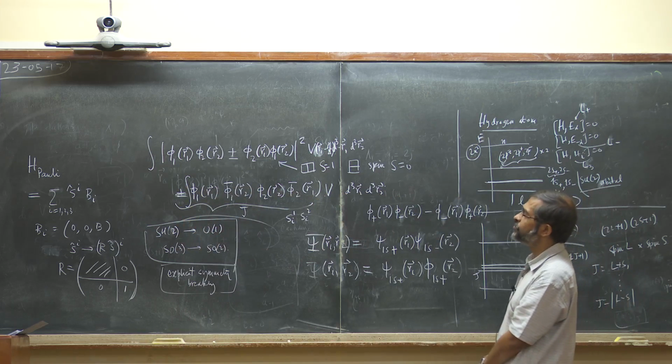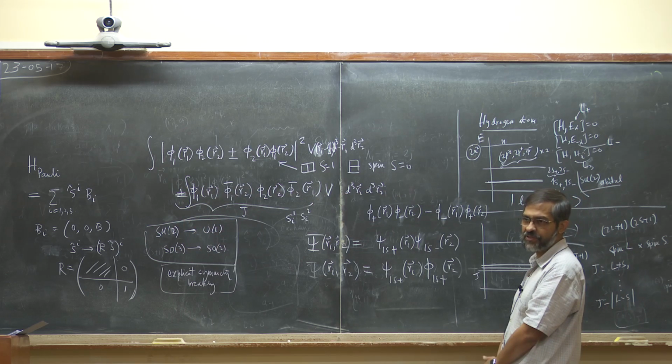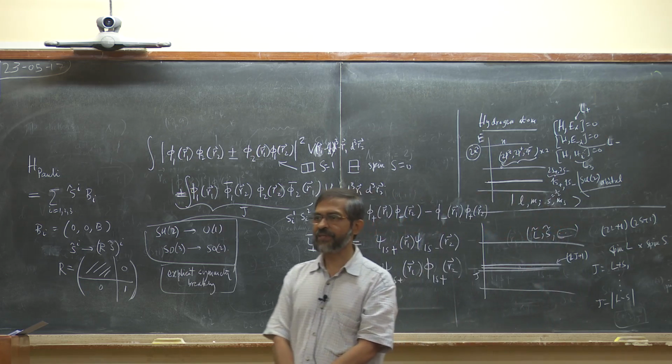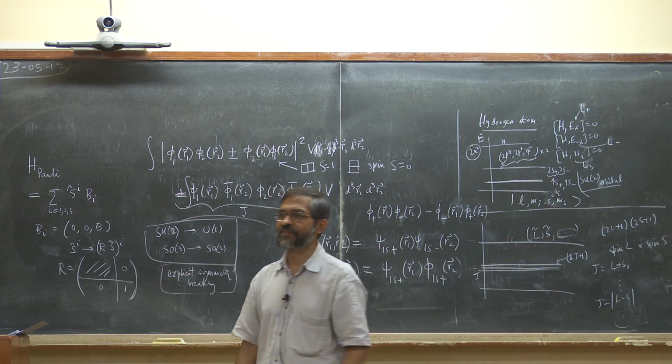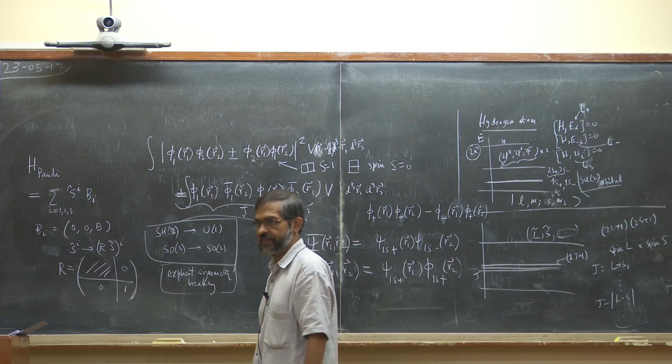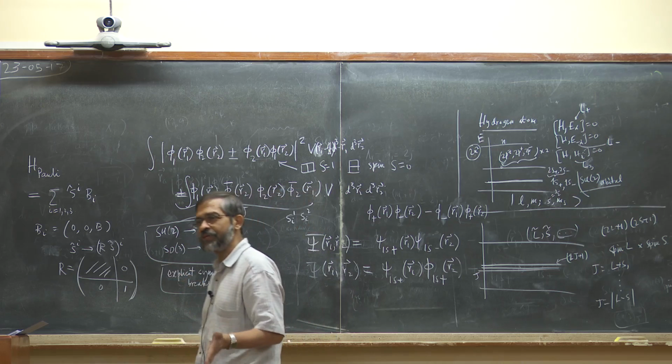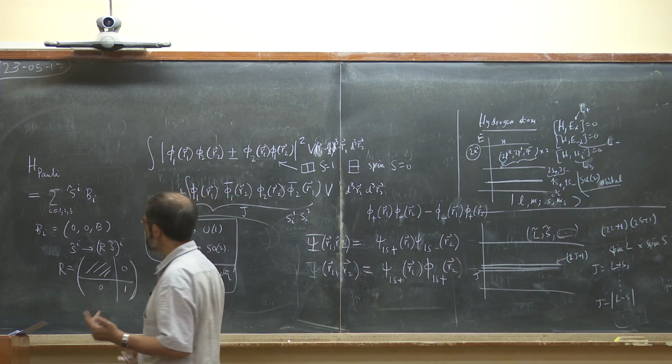Yeah, if you want to treat this problem semi-classically, which is possible to do for a large number of electrons or large number of particles, then you can think of this as solving the classical equation of motion. That is correct. Okay, but for a single electron, you cannot do that. For a single electron, you really have to solve the quantum mechanical problem, but that's not a big deal.